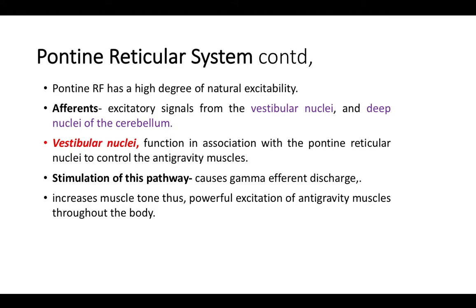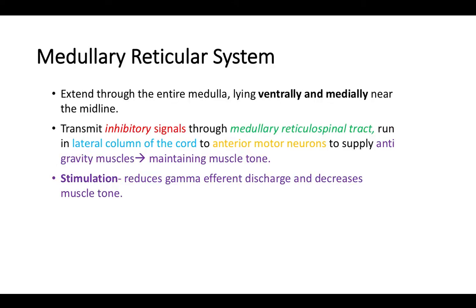Stimulation of the pontine reticular or excitatory system leads to increased gamma efferent discharge, which increases muscle tone and hence causes powerful excitation of anti-gravity muscles throughout the body.